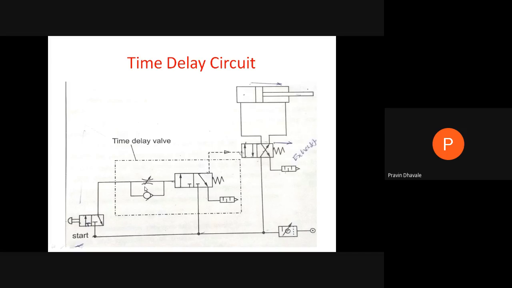And the mass flow control is to be carried out by this flow control valve, and this will be operating this 3 by 2 direction control valve of the time delay valve. And to actuate this position, we have to press this push button and actuate this position.